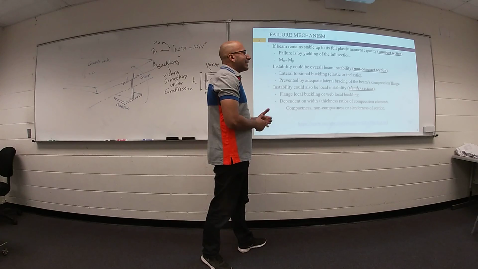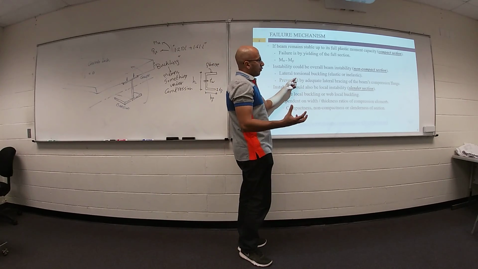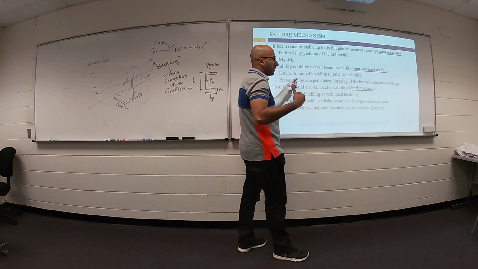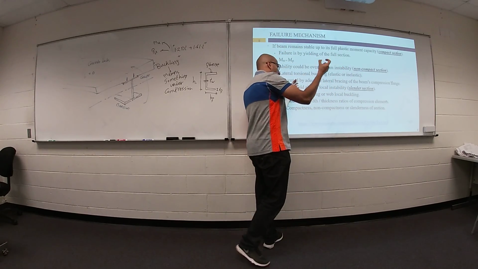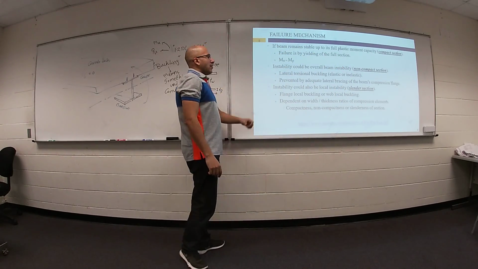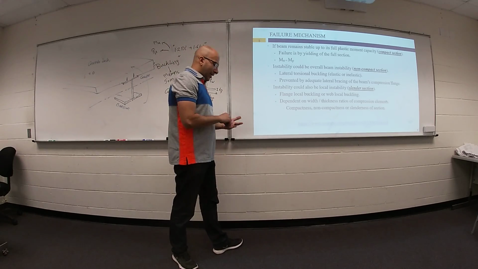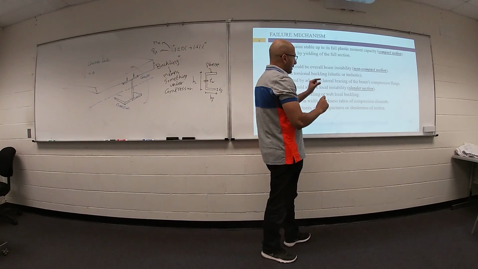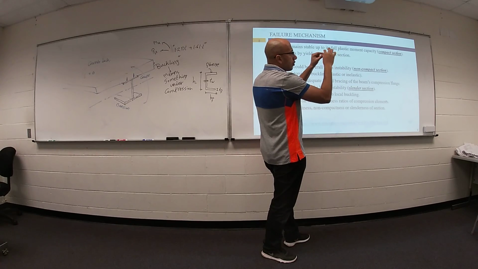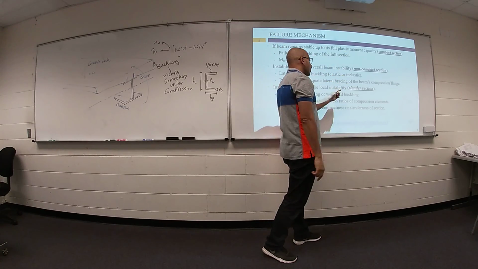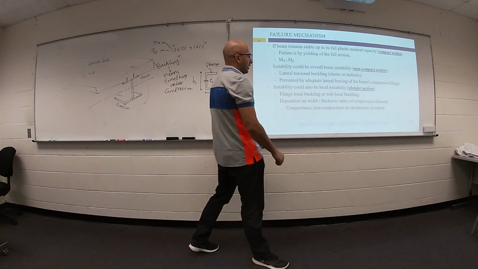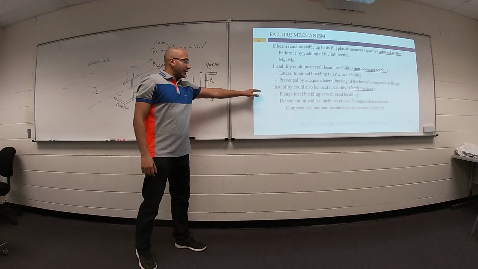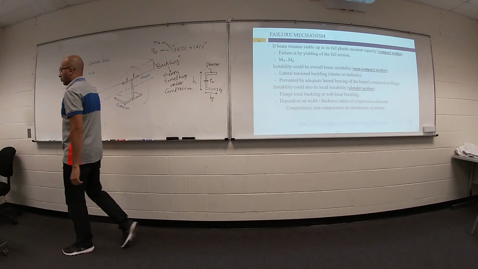Actually, we don't get the full capacity of your cross section. Your cross section can support more load, but this phenomenon limits your design. The third one is local instability. Only a small part of your flange is unstable. We have local buckling. This is only for slender sections. We don't like this type of cross section.